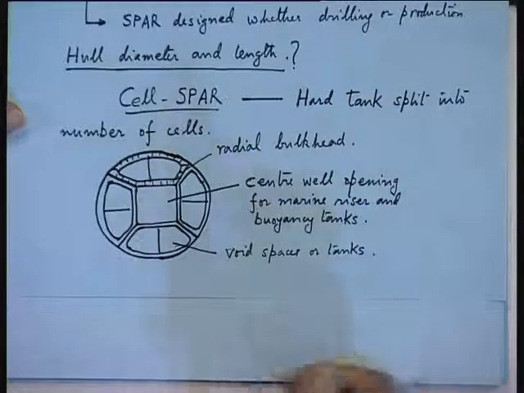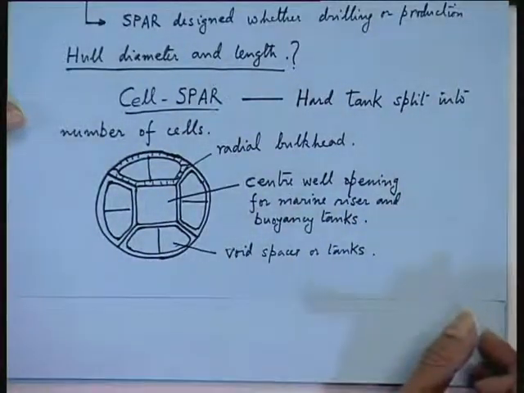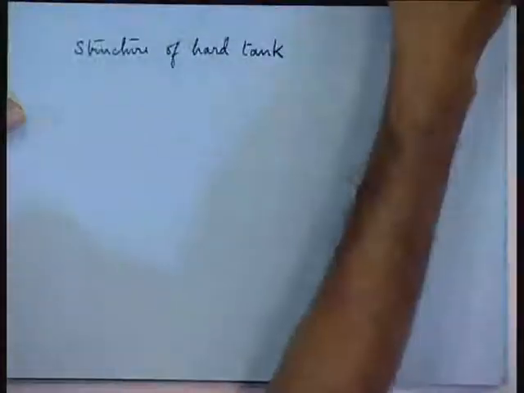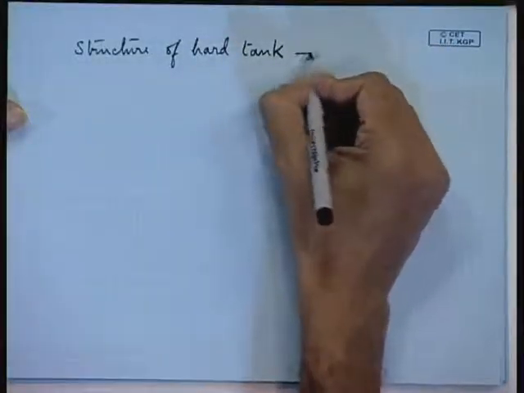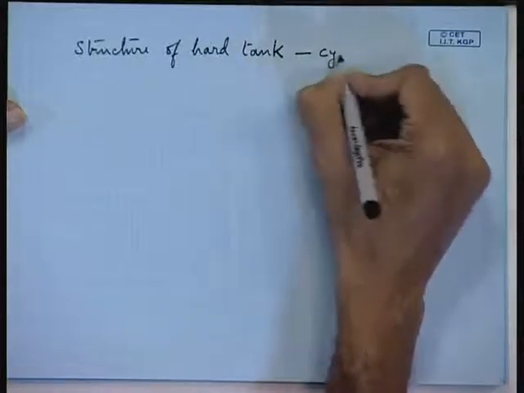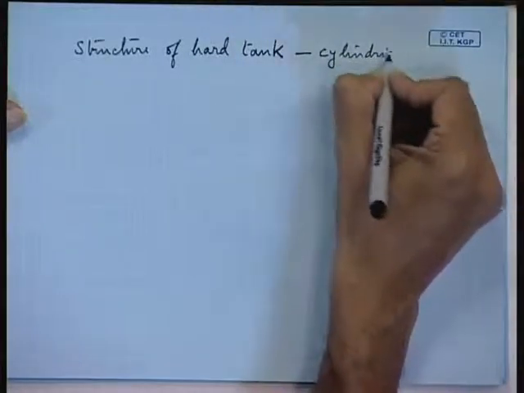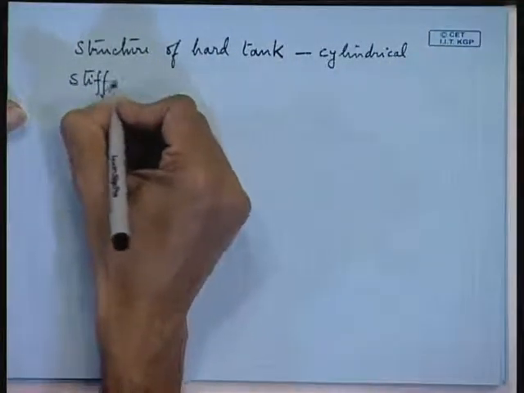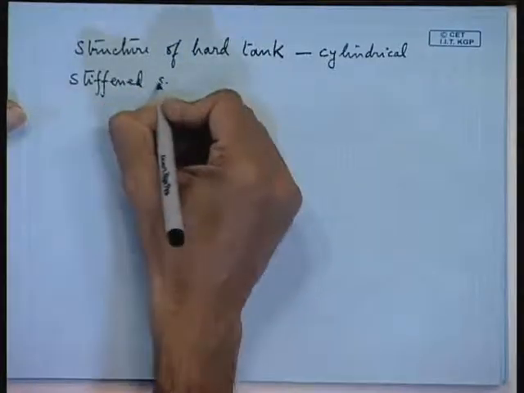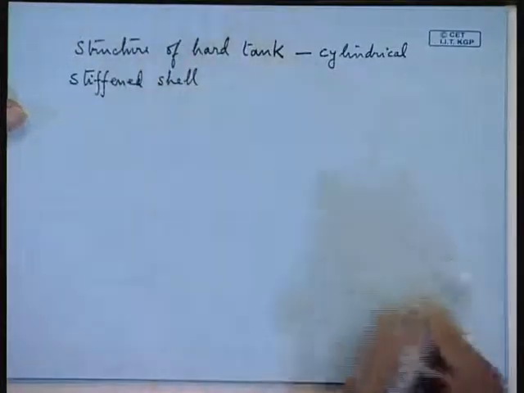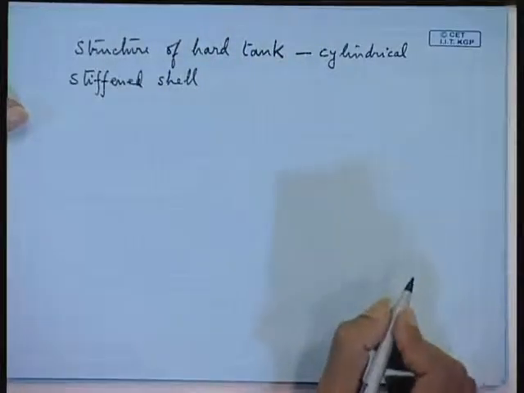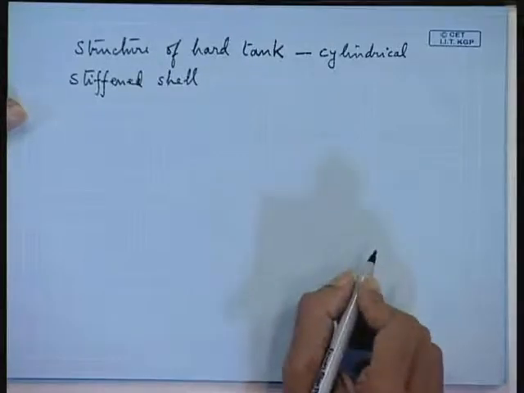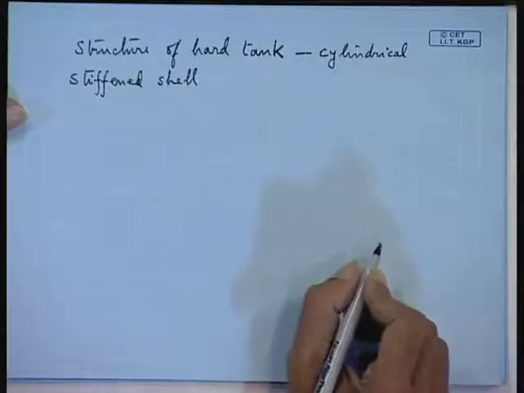Ship ballast tank is integral with the hull, but here you can see that it is a cylindrical stiffened structure. Structure wise you will have to do a cylindrical stiffened shell. Actually, this is where your structure departs from that of a ship. So, FEM analysis will be shell type of analysis, stiffened shell.